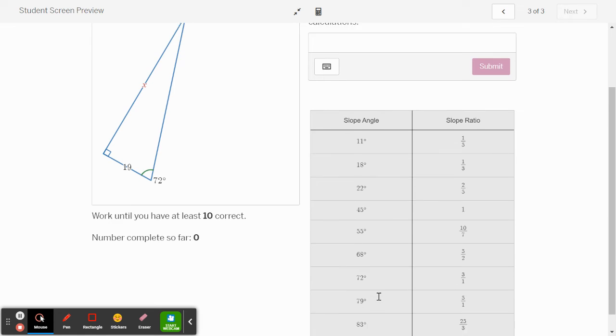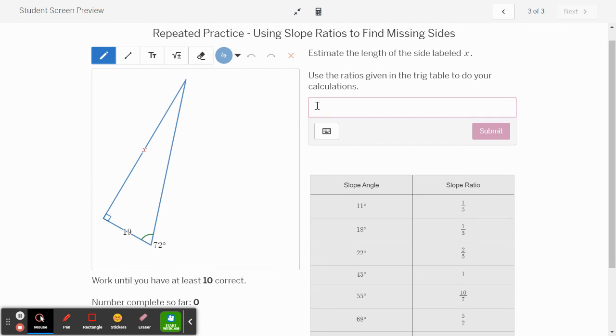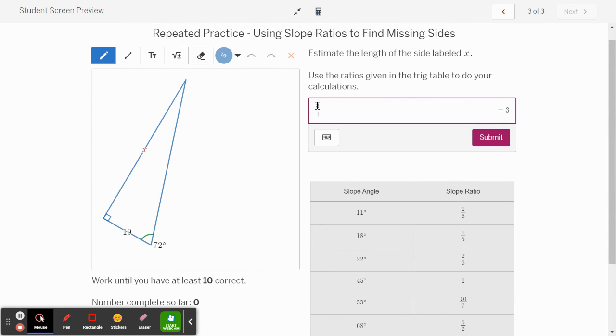I also gave it to you over here in the table. See, here is 72 degrees. So the trig ratio, the slope ratio, is going to be 3 over 1. So I know that I can write that 3 over 1 is going to equal x over 19.